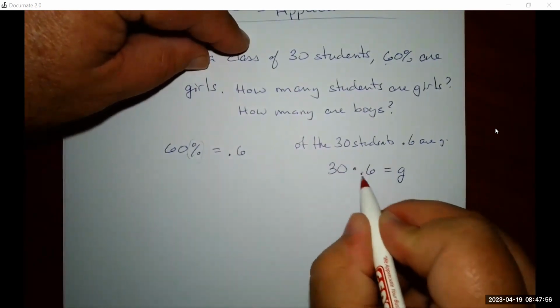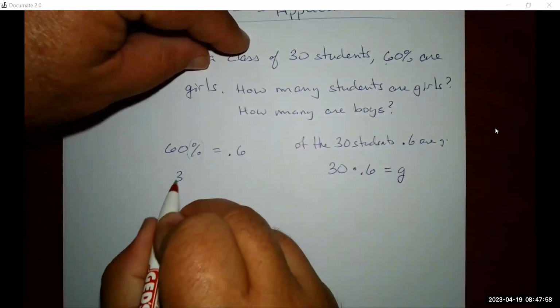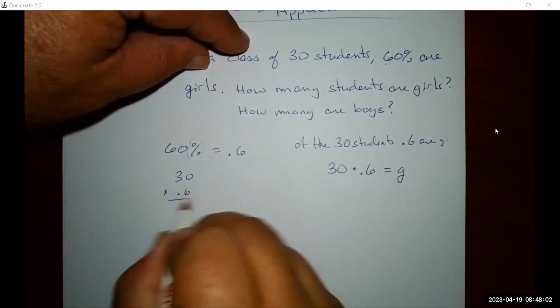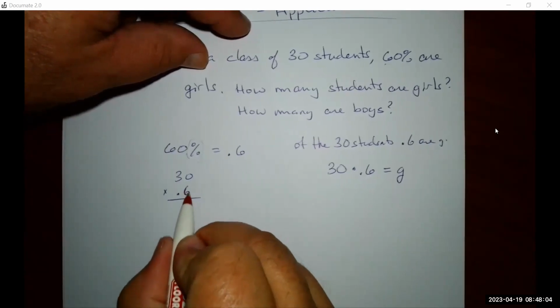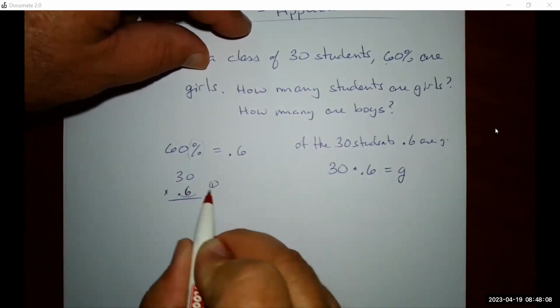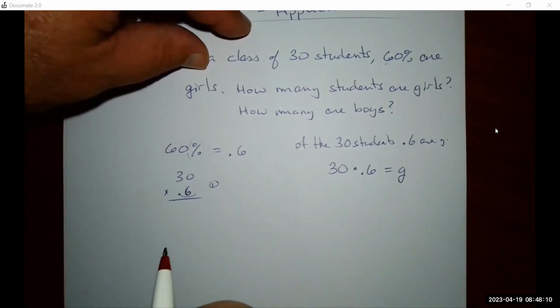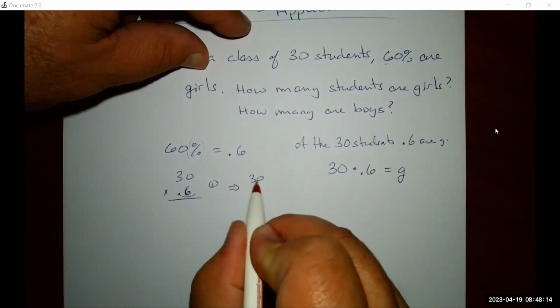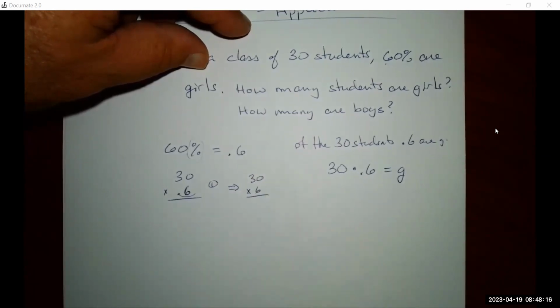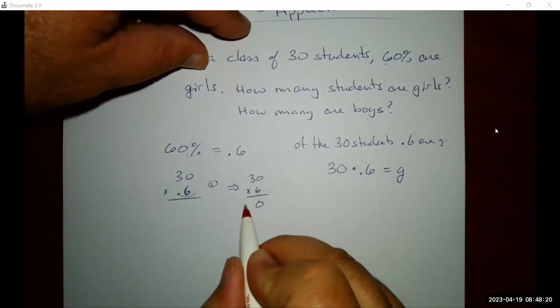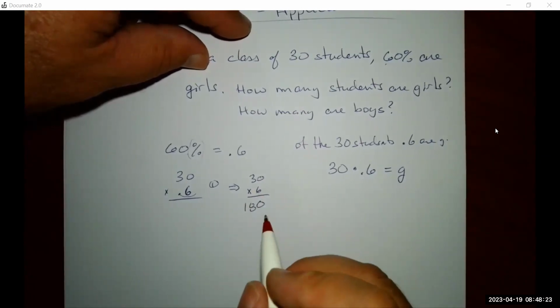Remember when we multiply decimals, we have 30 times 0.6. Whenever you multiply by decimals, get rid of the decimals. So we take out one, we move it one space. We have to put that space back in. So what we have now is 30 times 6. 6 times 0 is 0, 3 times 6 is 18.